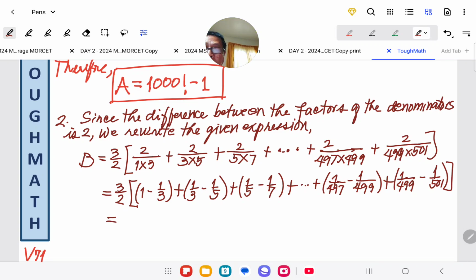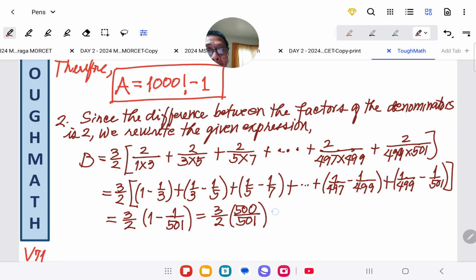Okay. And since the inner terms add up to 0, we are left with 3 halves times 1 minus 1 over 501, which is equal to 3 halves times 500 over 501.